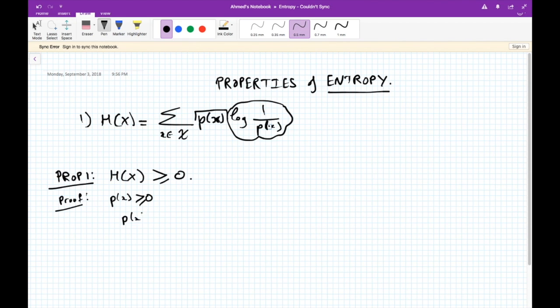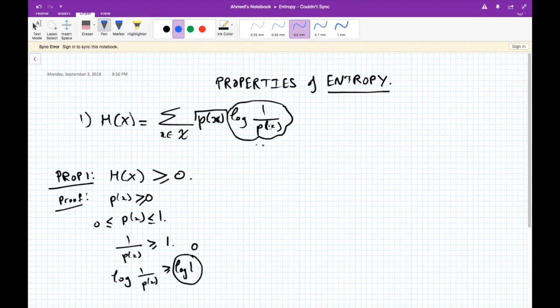Because p of x is between 0 and 1, that means 1 over p of x is at least 1, right? So log of 1 over p of x is greater than or equal to log 1, which is 0. So log 1 over p of x is positive, and p of x is positive. So the sum of positives is also positive. And the proof is done.